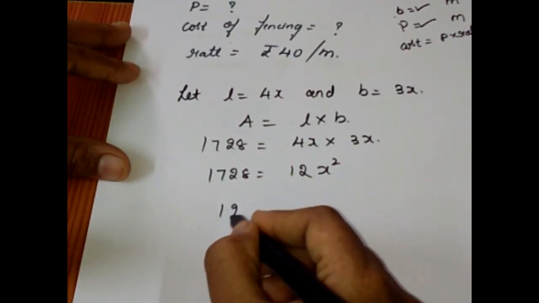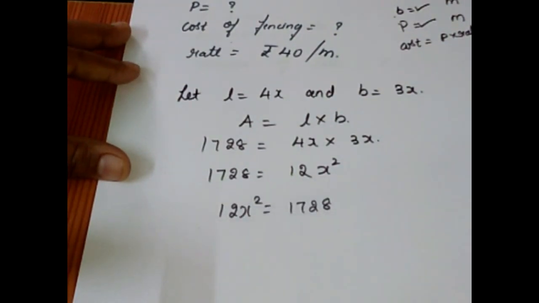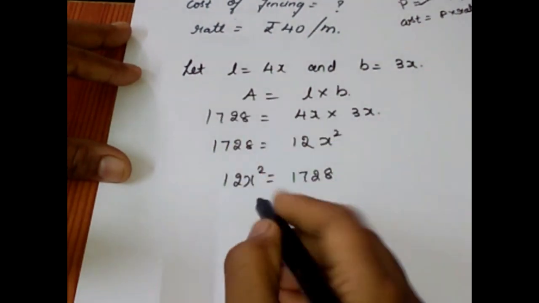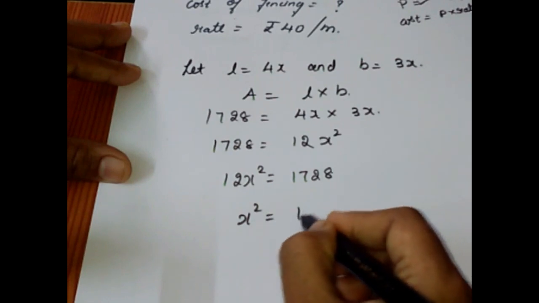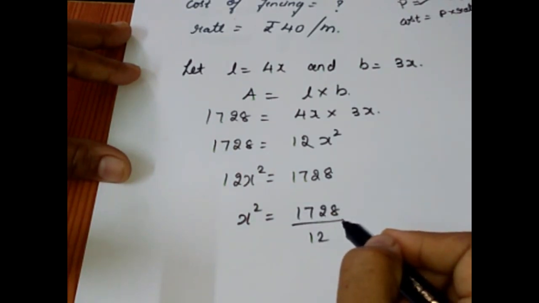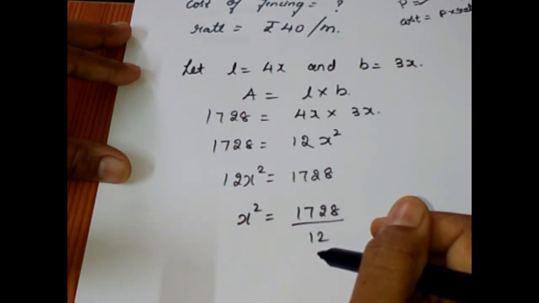So I can rewrite like this: 12x square is equal to 1728. So the reason is to keep the unknown value on the left hand side. X square is equal to 1728 by 12.